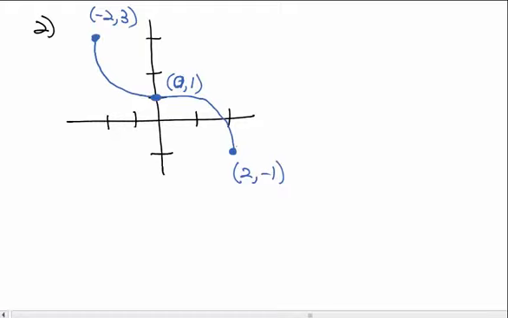Now if we wanted to graph the inverse of this function, the inverse is going to do much the opposite thing. The x's and y's are going to switch, which means this first point, negative 2, 3, is going to switch orders to now being 3, negative 2.